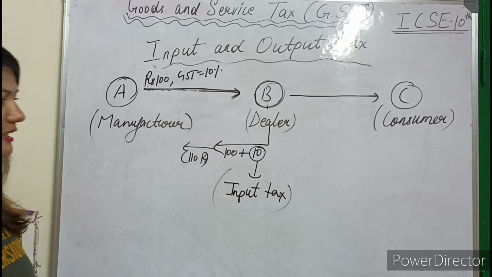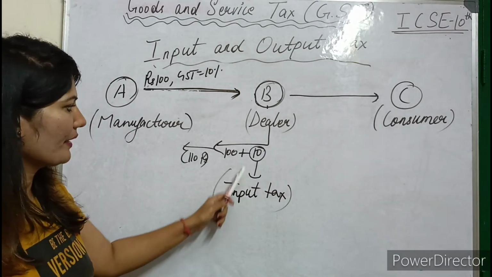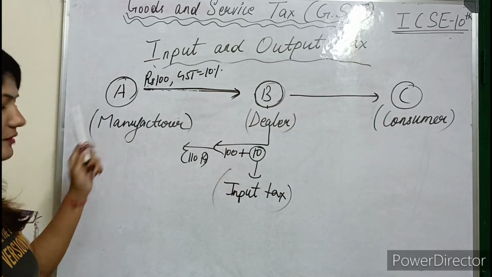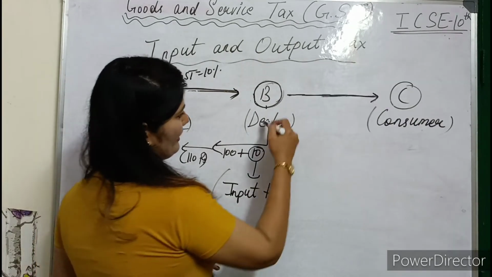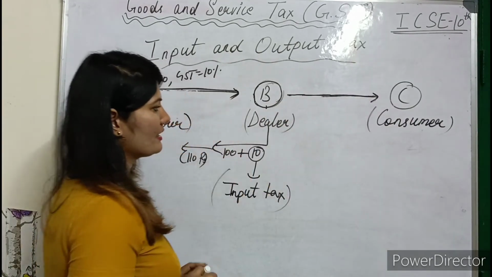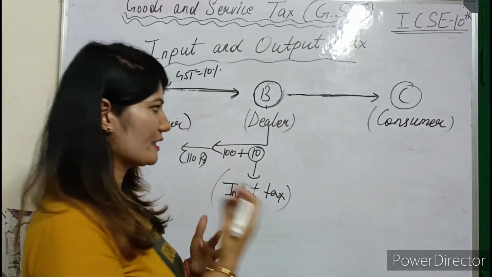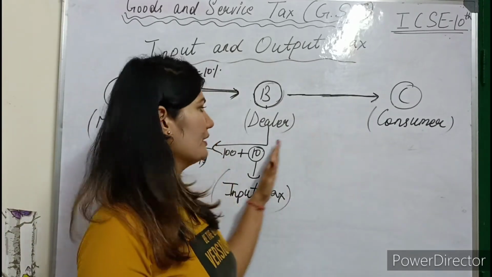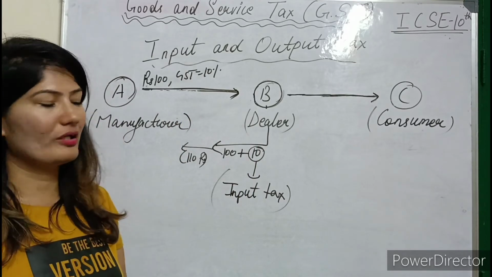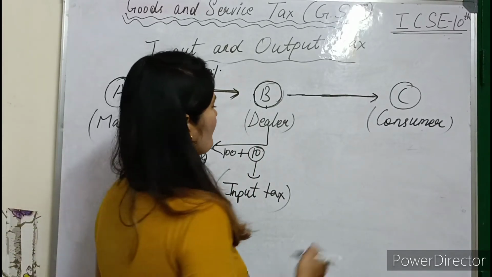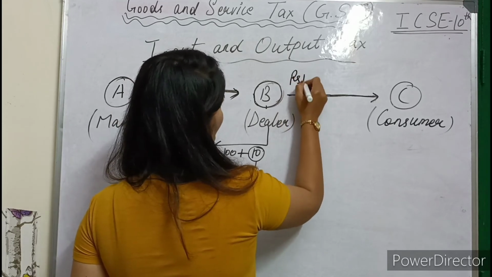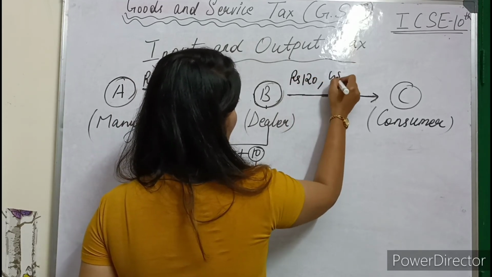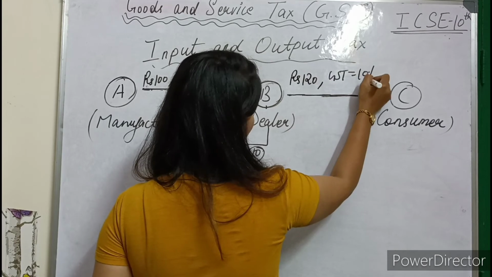So we can say easily that the tax paid by the dealer to the manufacturer is known as the input tax. Now the next process: the dealer will again sell the same product to the consumer, but now he will increase the amount in order to gain some profit. Suppose the dealer sells the product at rupees 120 and GST is 10%.